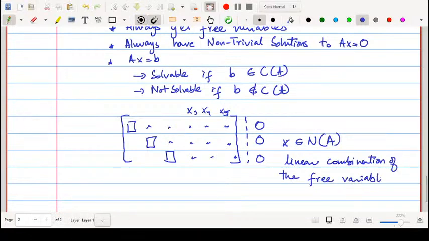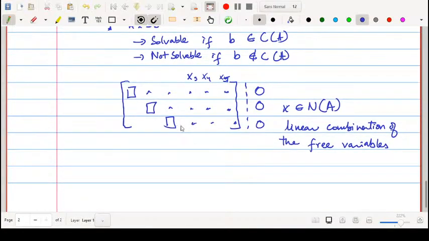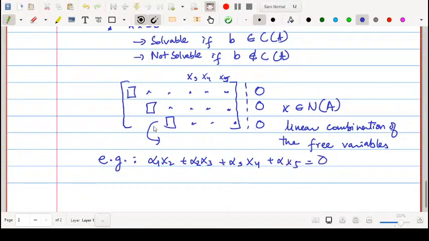If you don't understand how this happens, you can check the previous lecture, but I can give you a little example here. Let's say the last equation is alpha 1 times x2 plus alpha 2 times x3 plus something times x4 plus something times x5 equals 0.